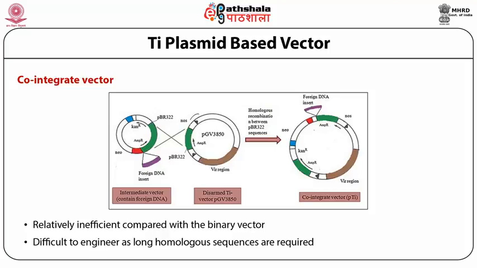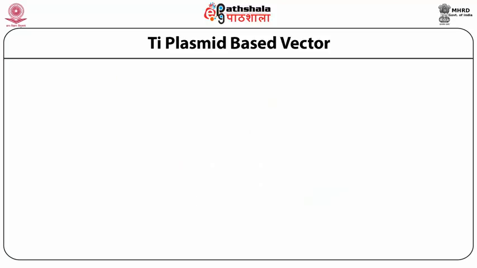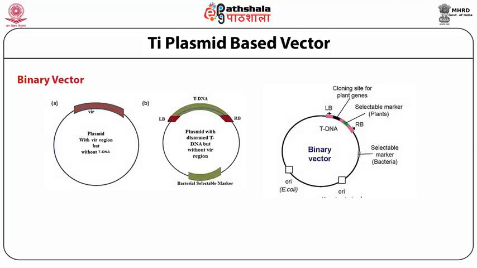The tDNA portion of this co-integrate vector, which has a gene of interest, can now be transferred to the plant through the mechanism I described in the previous slides. Another type of Ti plasmid-based vector is the binary vector. This binary vector is much easier than developing a co-integration vector.